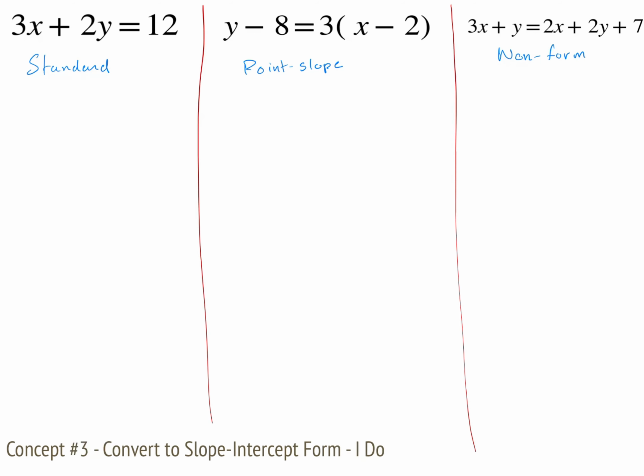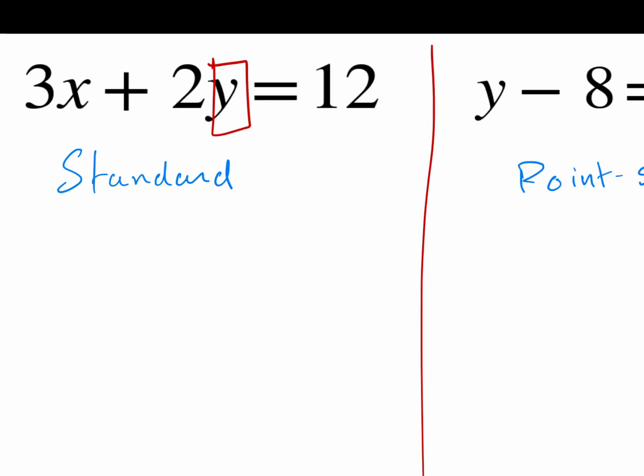If you forget how to graph in those forms, you can convert all of these to slope-intercept form by solving for y. Okay, so I'm going to write it down here. I'm going to do each one right through. Okay, if I have 3x plus 2y equals 12, and I want to solve for y, that means I have to use the properties of equality to undo everything being done to y to get it to the other side so that y is by itself.